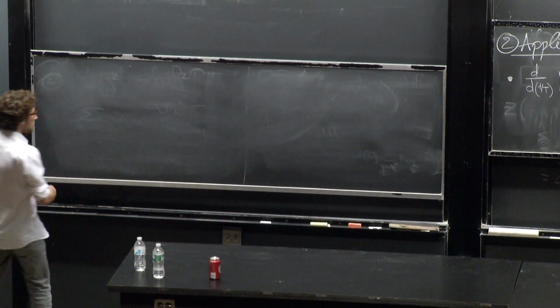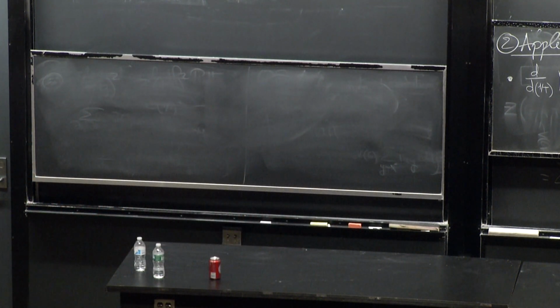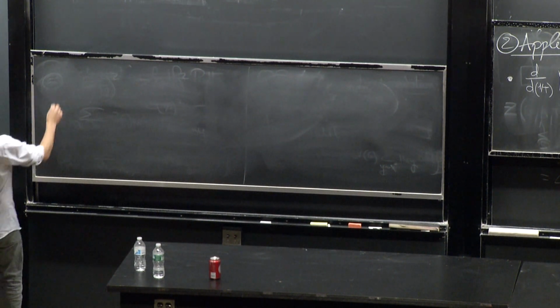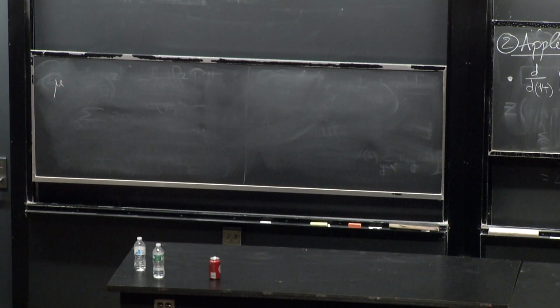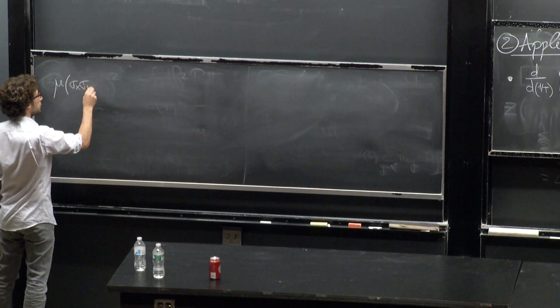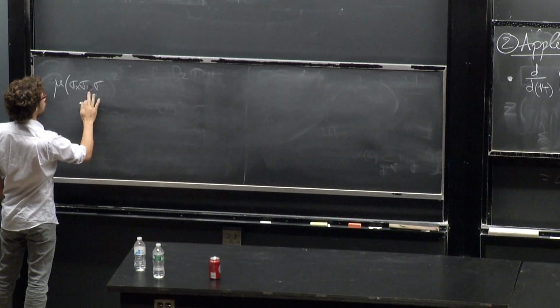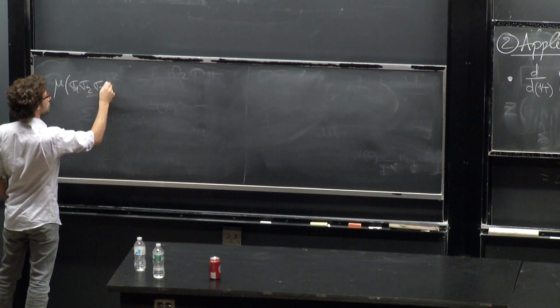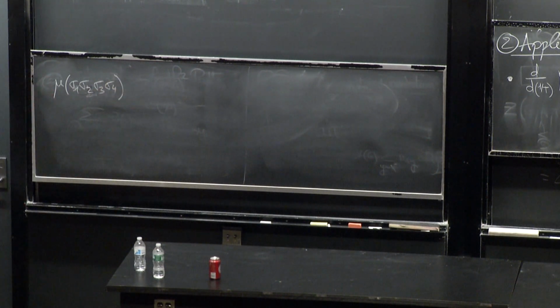There is a quantity in field theory which is very useful, which is called the Ursell 4-point function. The idea is that you want to take sigma 1, 2, 3, and 4, take the 4-point function and truncate it.